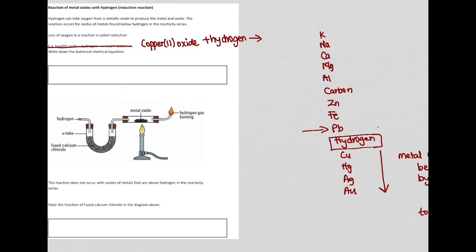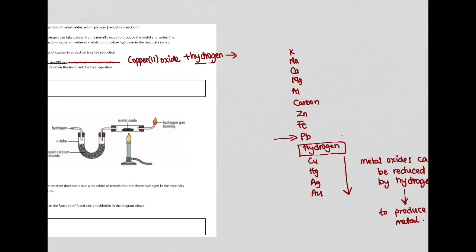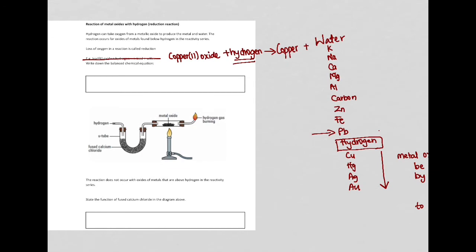So hydrogen will be able to reduce copper oxide, giving copper, and then the oxygen and the hydrogen will form water. So the balanced chemical reaction will be copper oxide plus hydrogen gas, giving copper and water. And this is already balanced.